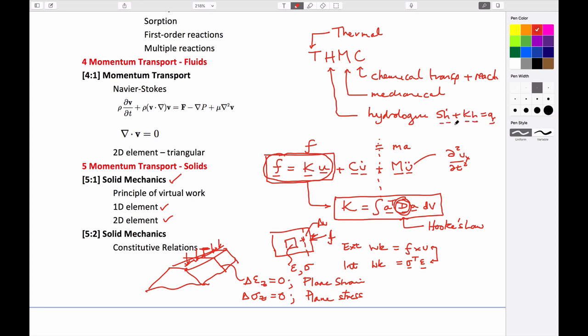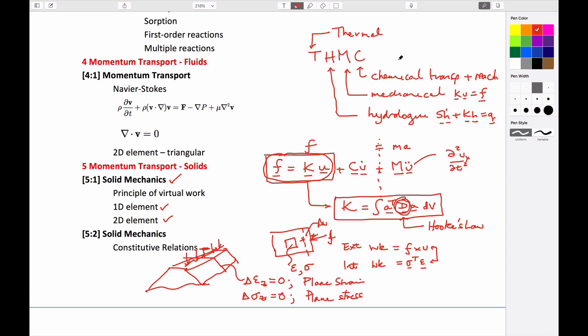And so the head, or pressure, we prefer to work in pressure actually, is the dependent variable that defines this. For mechanical behavior, we have a system of equations that is something like F equals KU, where these are forces that are applied, displacements that result, and they're modulated by a stiffness matrix, which we've spent some time talking about here.